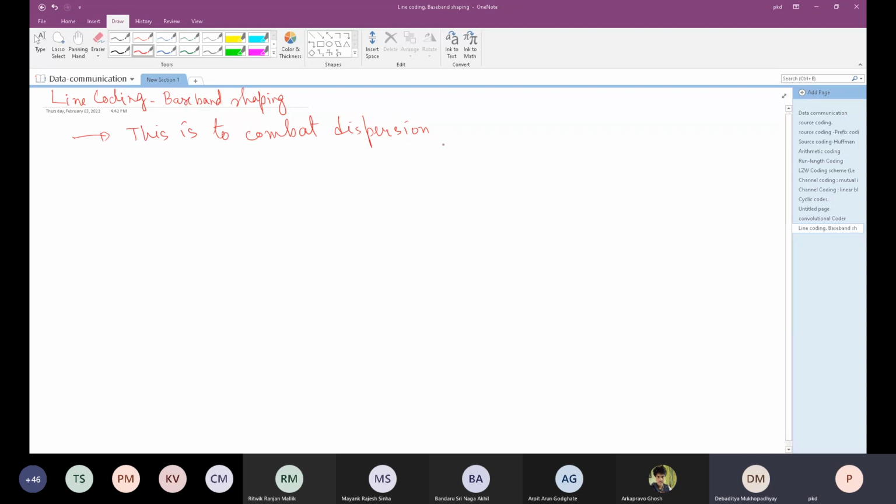So both are possible. This is mainly to combat the dispersion and band limitation posed by the physical channel.